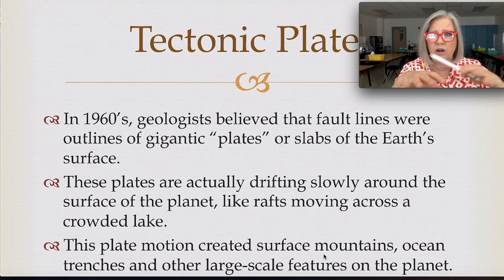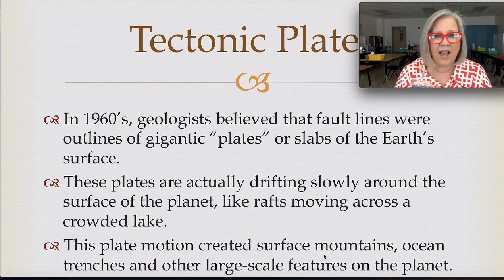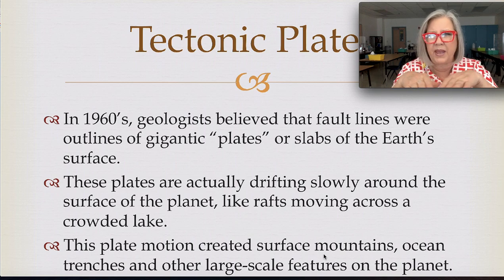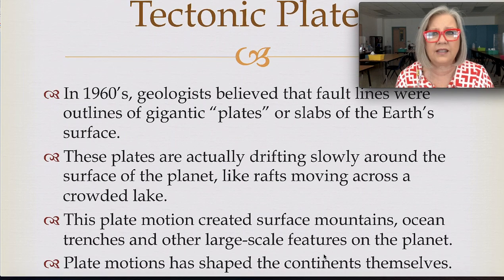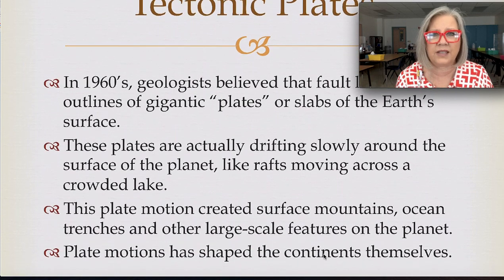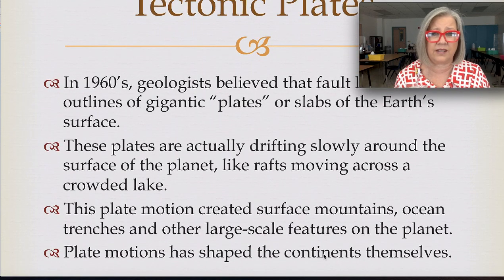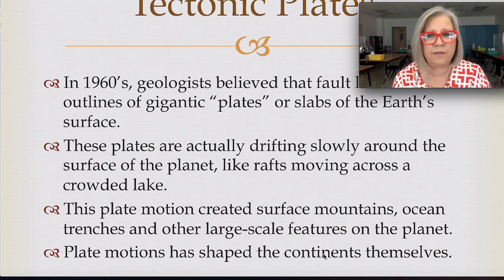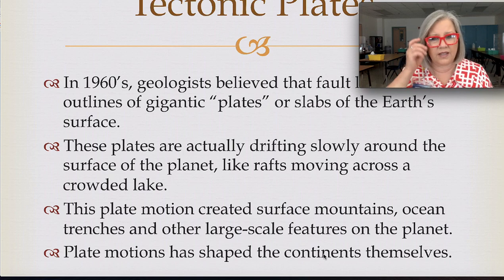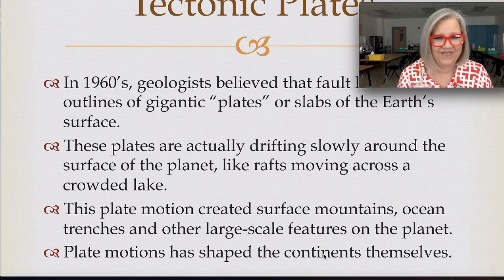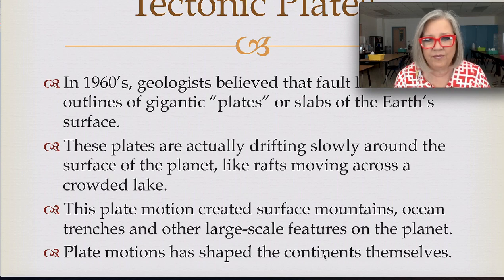Imagine boats sitting on a crowded lake, or at a pier, moving across each other. Now for us, this is a very slow process, but when you look at the overall time frame, it's moving. And what this does is it creates all the land formations that we have.